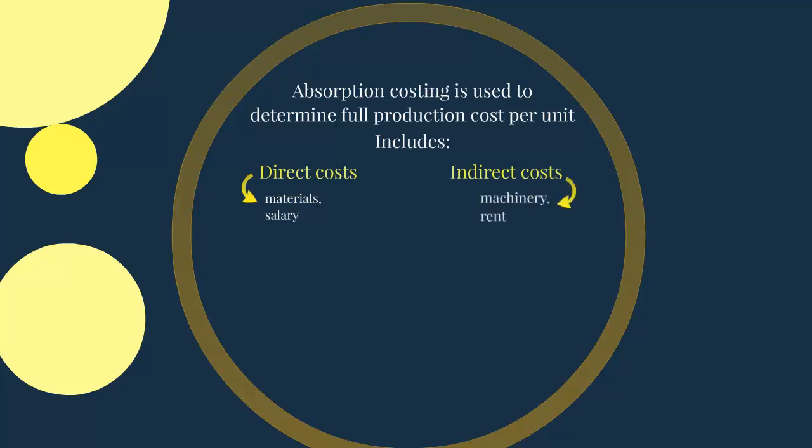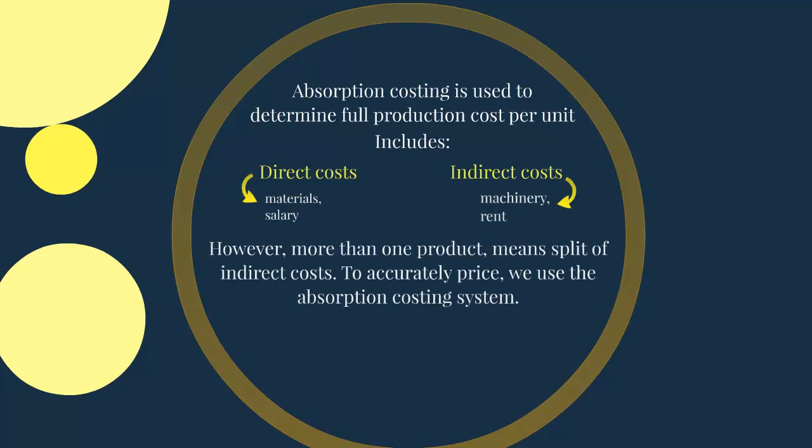And then indirect costs would be the costs of the machines that you purchase to help put the cars together, and also the rent on the factory and other expenses such as your heating bills, your water bills, your electricity bills. Now this all sounds simple, but the issue occurs when you have more than one product. Is one product costing more than another?